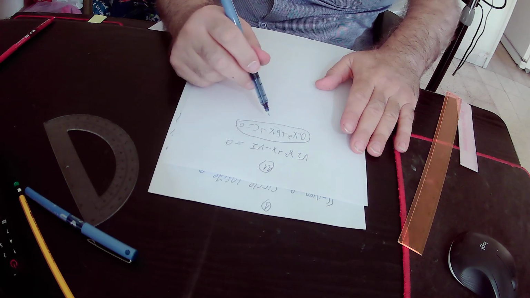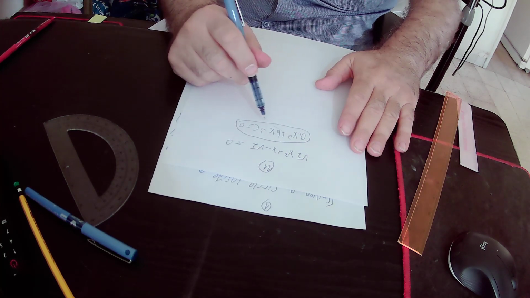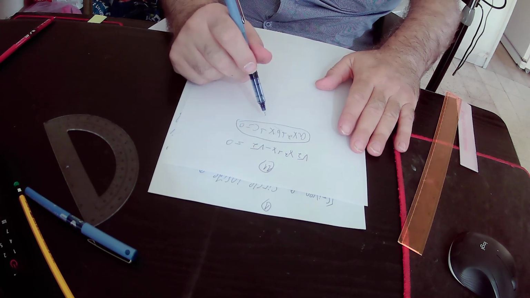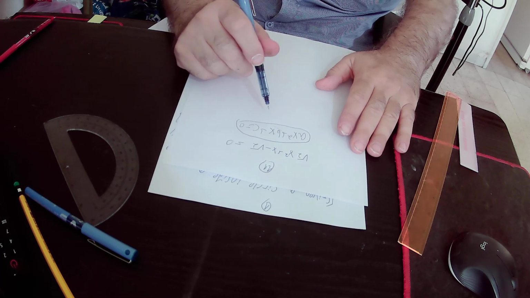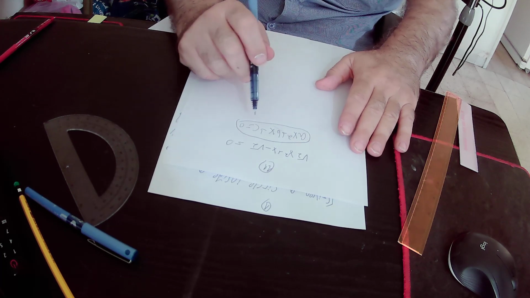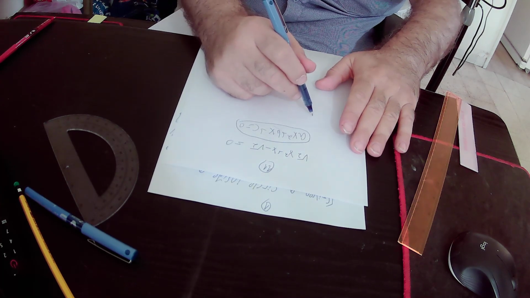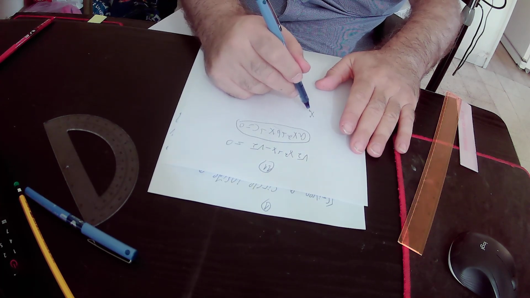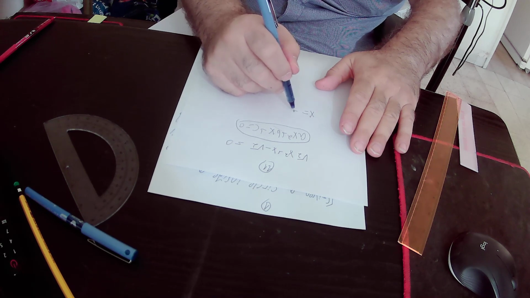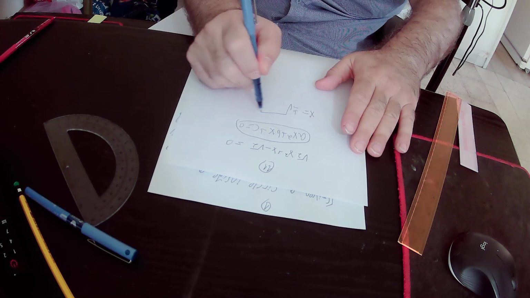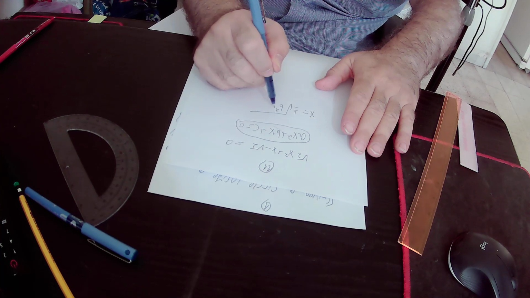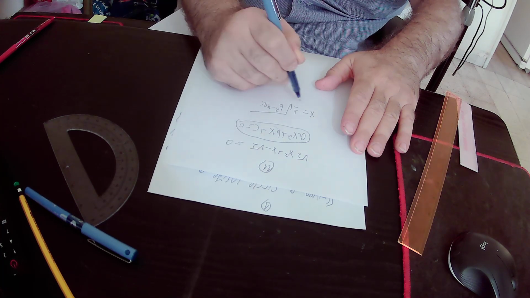A, b, and c are the coefficients of this quadratic equation, and x is the variable that we want to find out, and we will find out the value of x according to a known formula. We know that x equals plus minus root of b squared minus 4ac, over 2a.